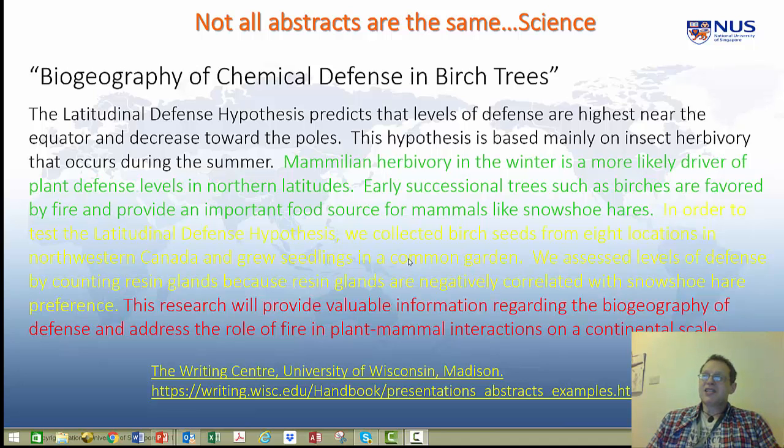often seniors, though very useful, they will have particular things in their head and won't necessarily understand what you're doing. But let's look at this. I've stolen this from the University of Wisconsin, and I recommend this site to you. This is an abstract of the biogeography of chemical defense in birch trees.